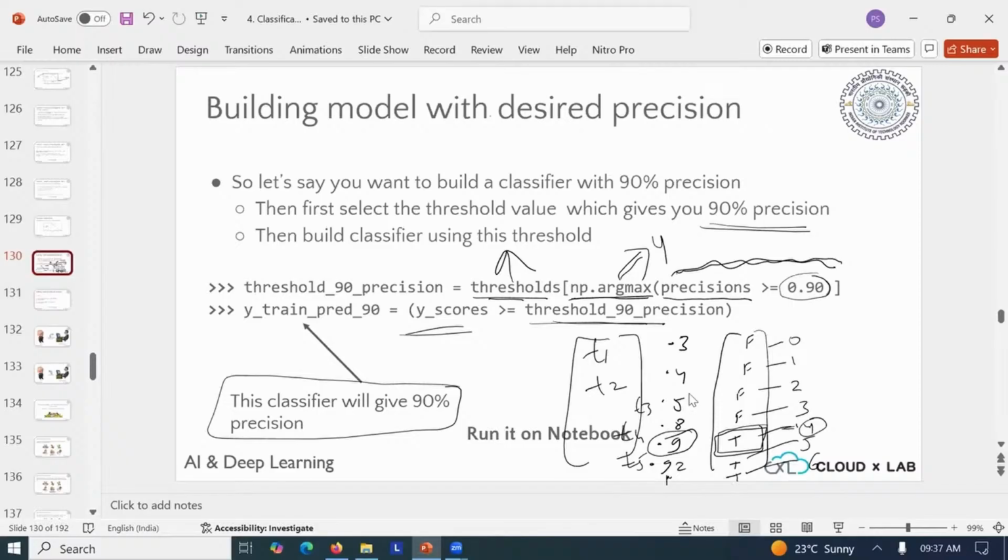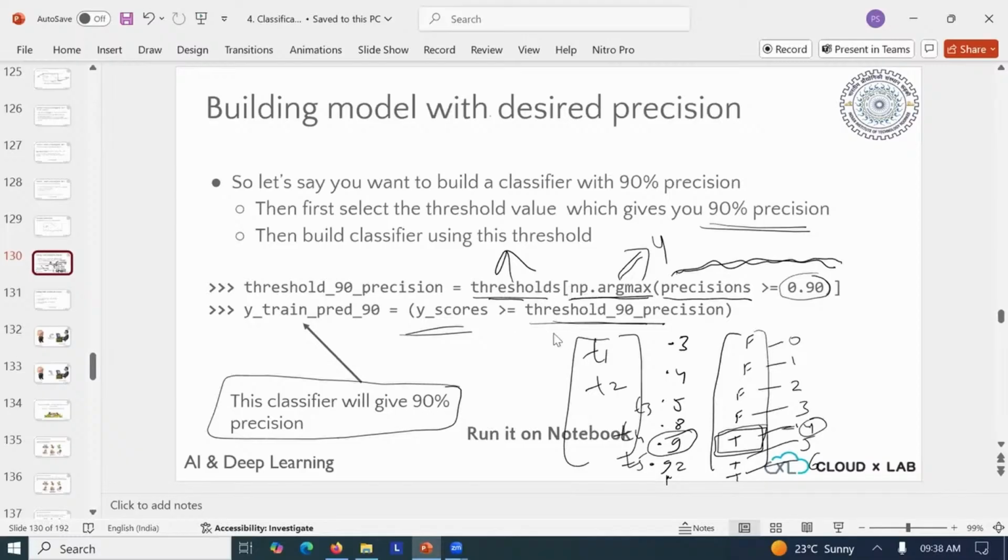And as I said, for each threshold we will have one model. So for this fourth index threshold, we will have one threshold value, and if you use that threshold value, you will get one model.